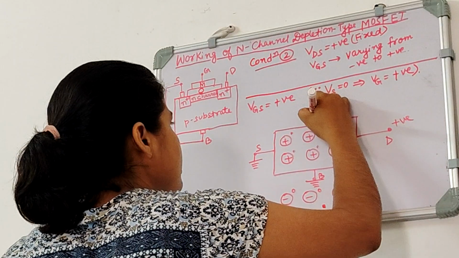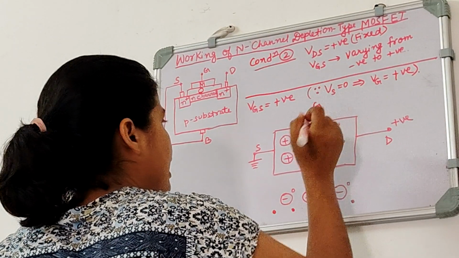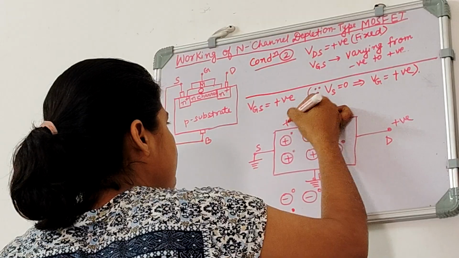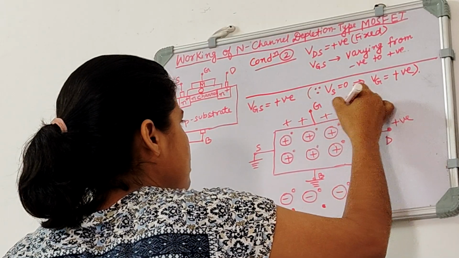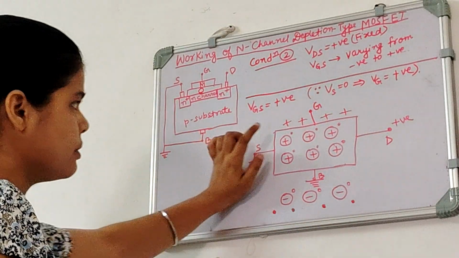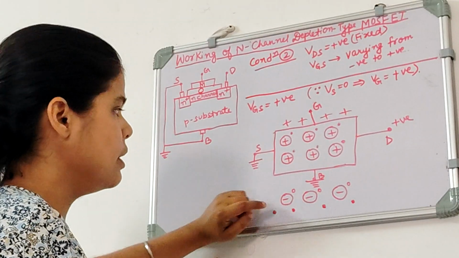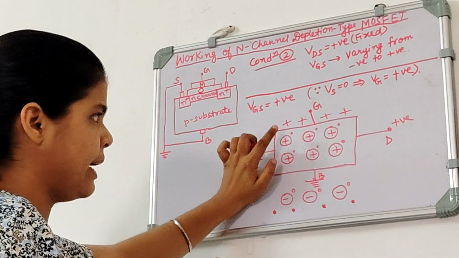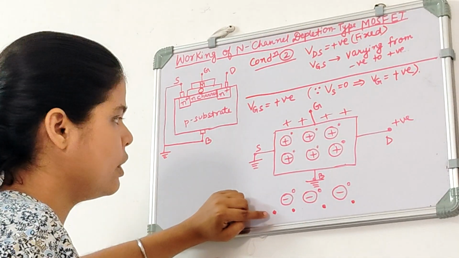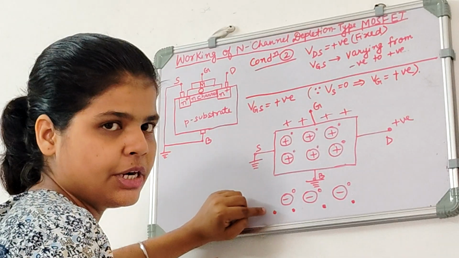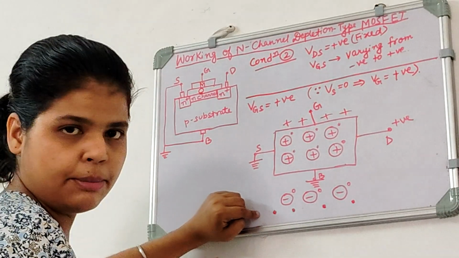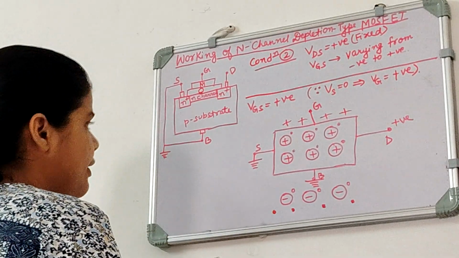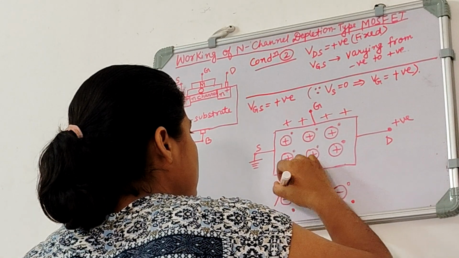Now this is our gate terminal, and we will have a positive voltage, so here we will have plus. Due to this positive voltage, electrons will be attracted towards it. So whatever electrons are present in the P substrate, even if they are less in number, will be attracted towards the channel.